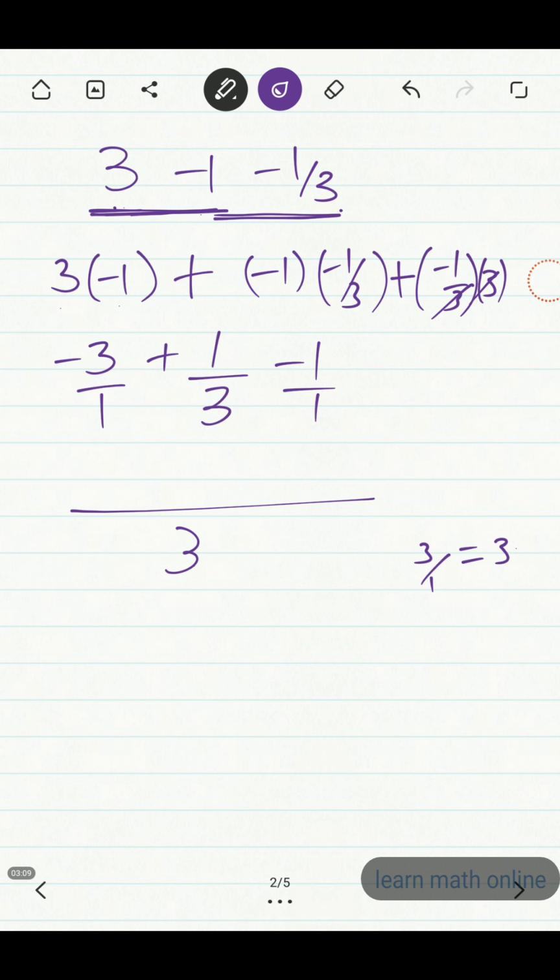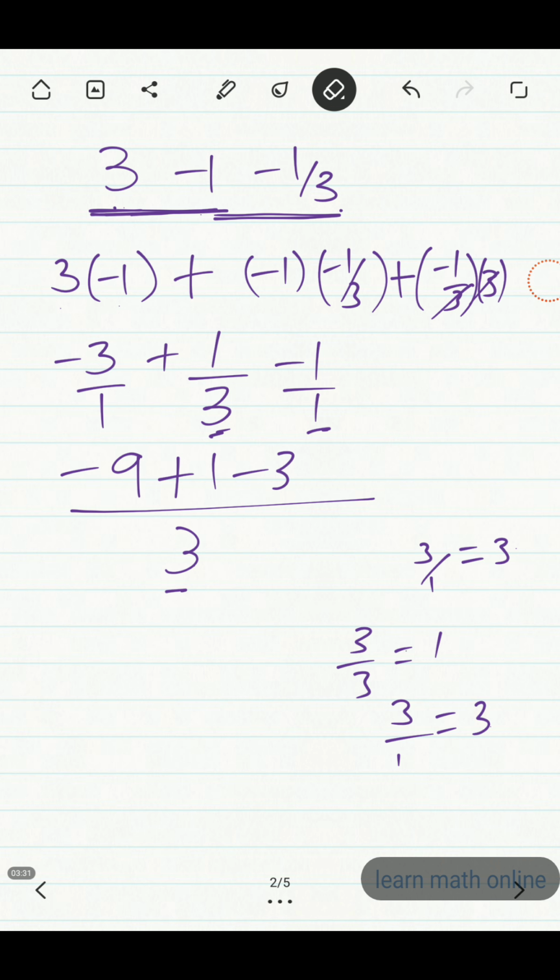It will give us minus 9, plus 3 divided by this denominator 3 will give us 1. So 1 into 1 will give us 1, and the last one, 3 divided by this number 1 will give us 3, so 3 into 1 will give us 3.